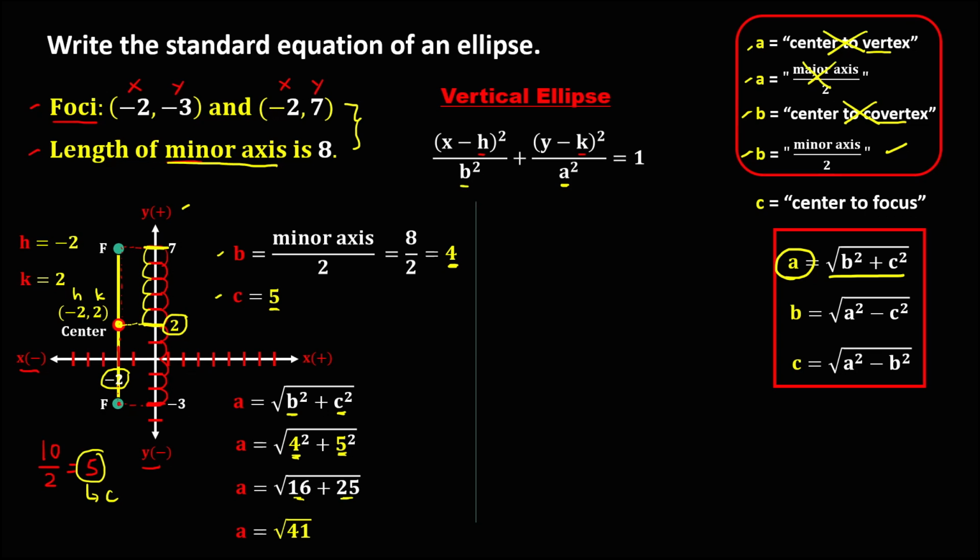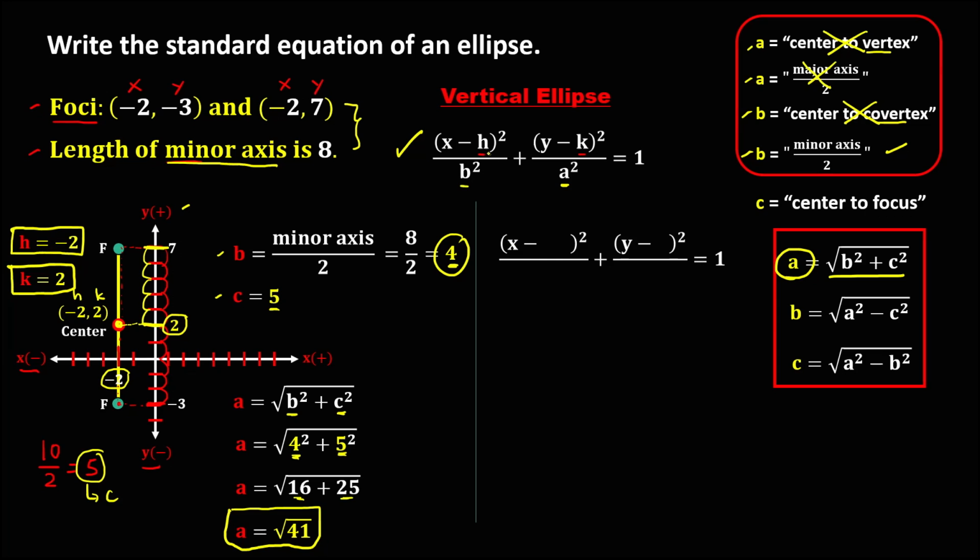So since we now have the four values, the h, the k, the b, and a, we can write now the standard equation for this ellipse using this formula.